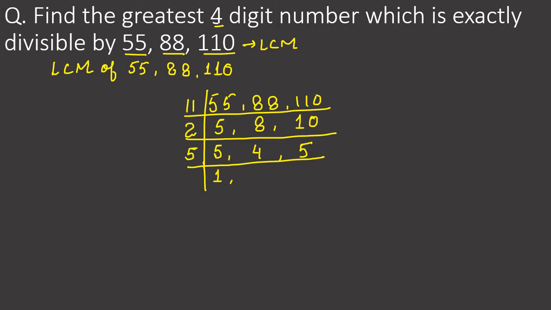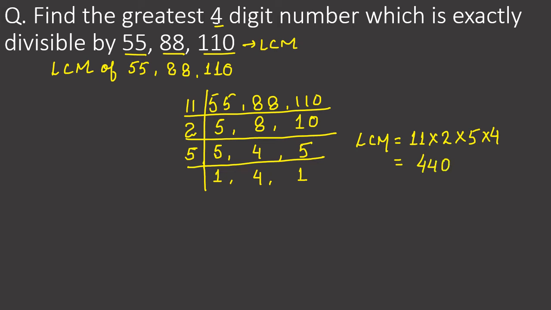5 ones are 5, 4 will be written as it is, and 5 ones are 5. Now there is no common factor in any of the numbers, so LCM will be 11 into 2 into 5 into 4, that is 11 into 2, 22, 22 into 5, 110, 110 into 4, 440.